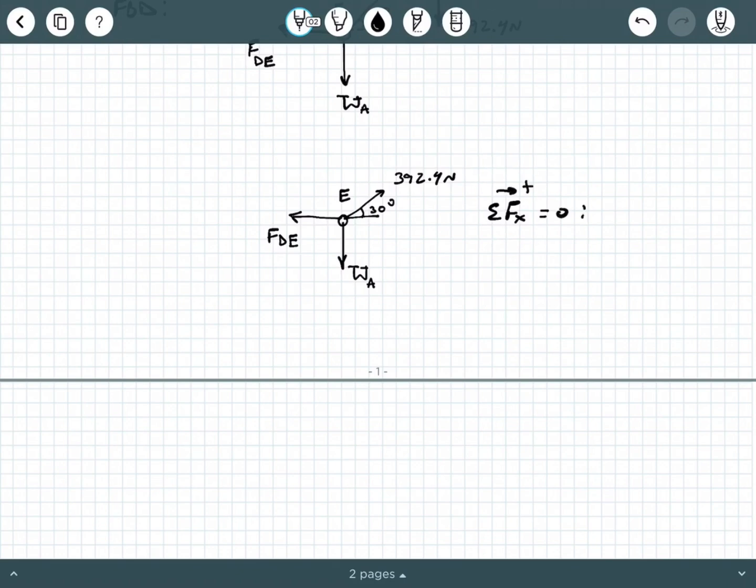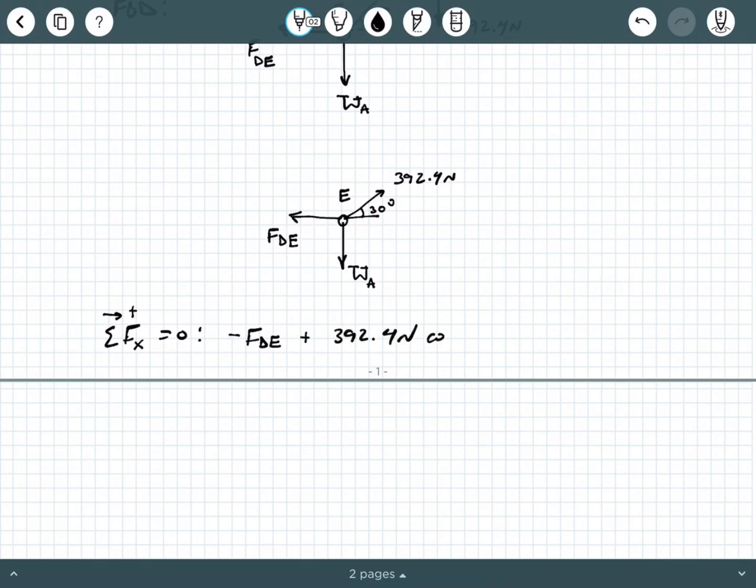We're going to say the sum of the forces in the x direction equals 0. And when we sum forces in the x direction, we're going to have minus FDE plus 392.4 newtons times the cosine of 30 degrees equals 0.